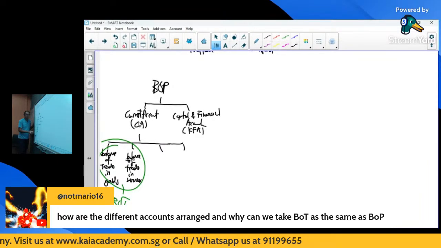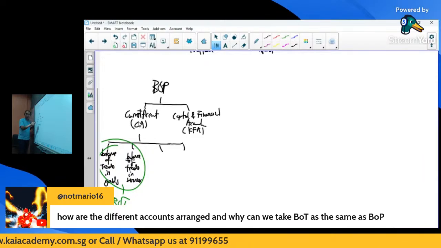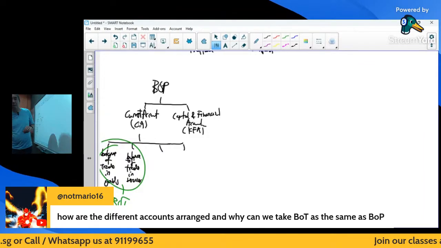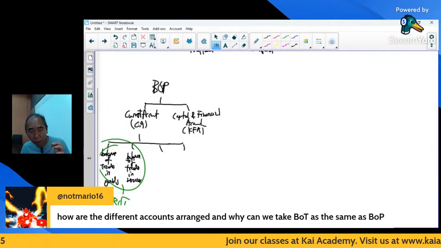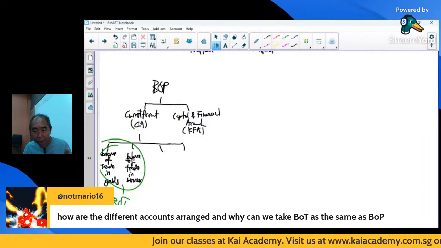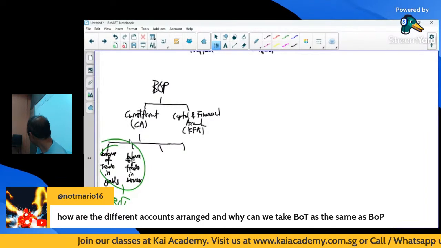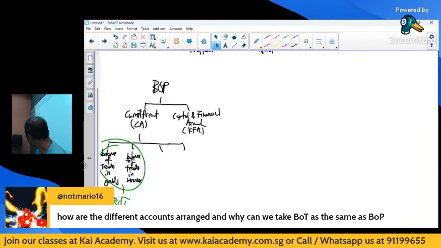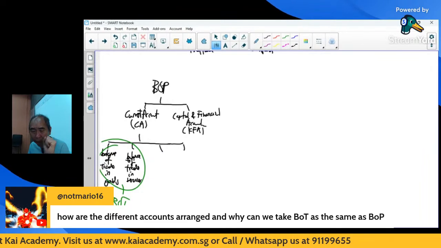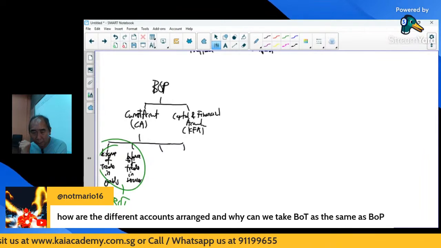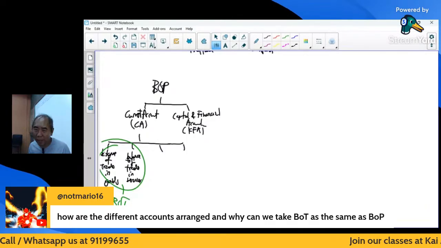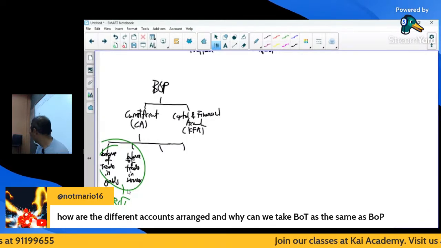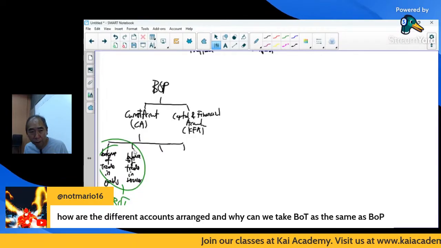So the BOT is a subset of the current account, and the current account is a subset of the balance of payments. The BOT is the X minus M for goods and X minus M for services put together. You can also rephrase it as the X minus M of goods and services. So that's your balance of trade. It is a subset of CA.